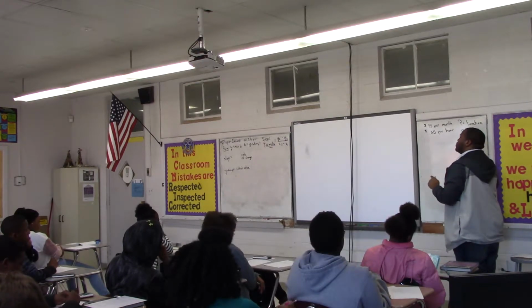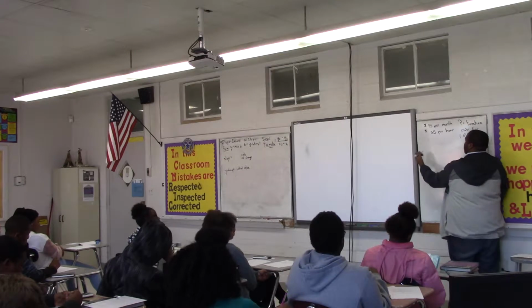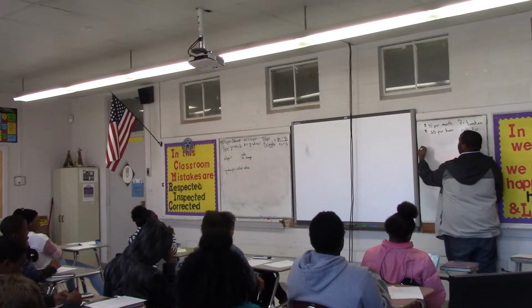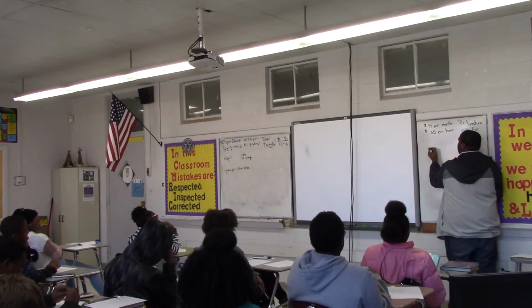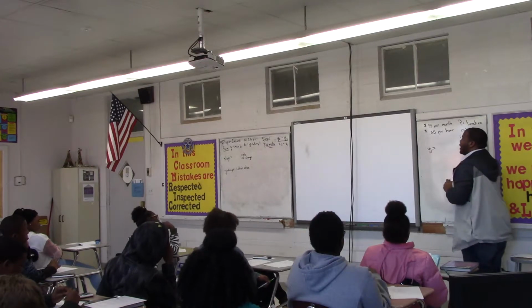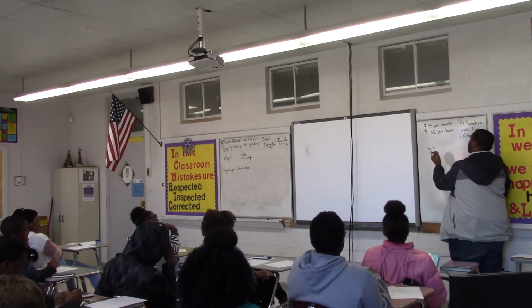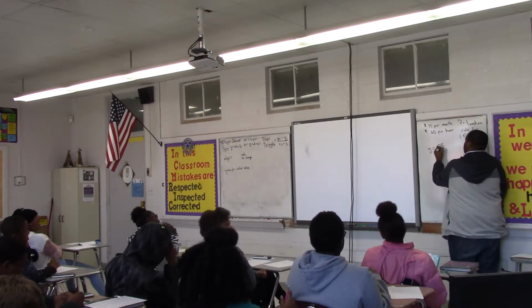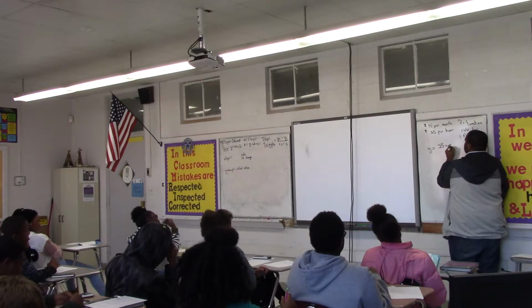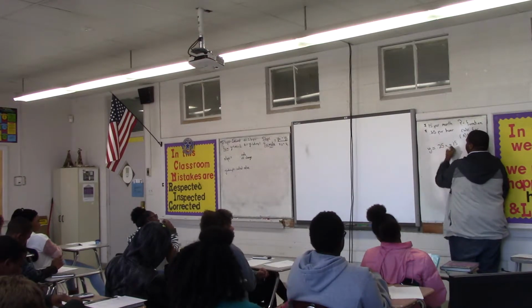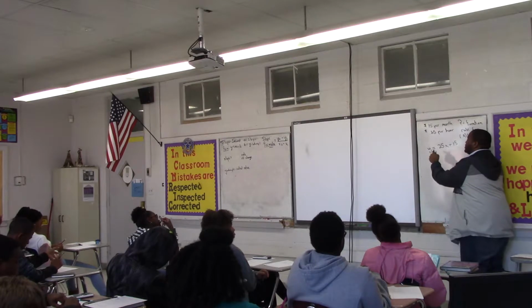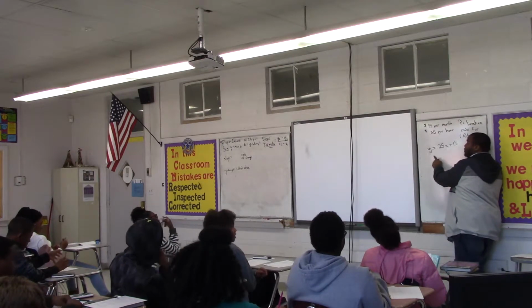So when we write our slope-intercept form, we always start with what? y. y equals 0.25x plus 15. Now this y represents the monthly bill, right? It represents everything.